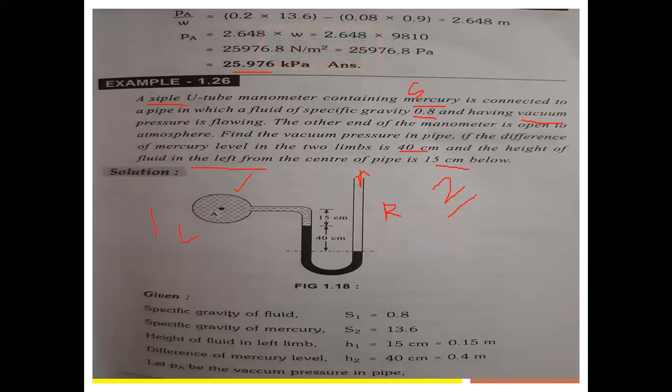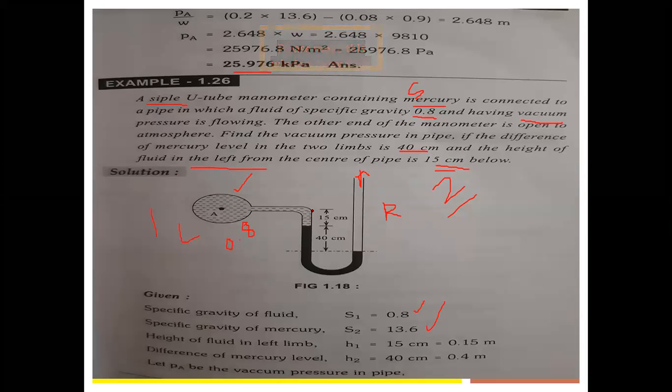The specific gravity of fluid S1 is equal to 0.8. Here it is 0.8. Next, the specific gravity of the mercury S2 is equal to 13.6. Next, height of the fluid in the left limb is 15 centimeters.